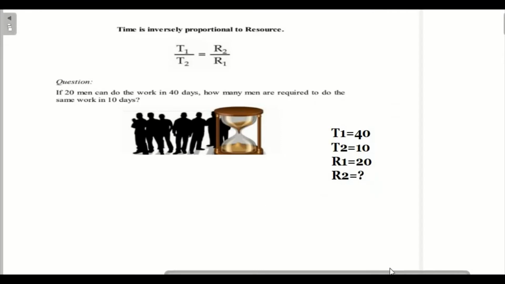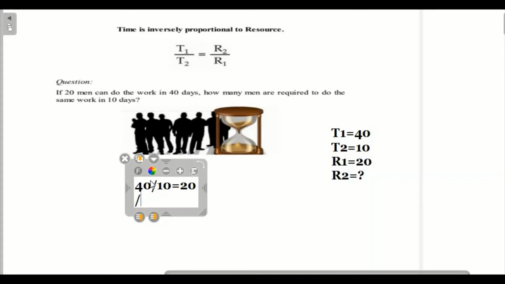Okay, so we have to substitute in the formula, that is 40 divided by 10 equal to 20 divided by R2.